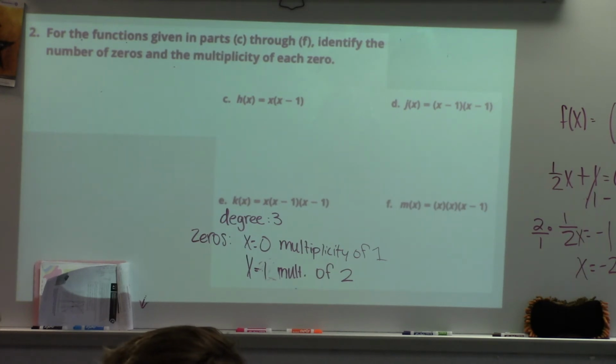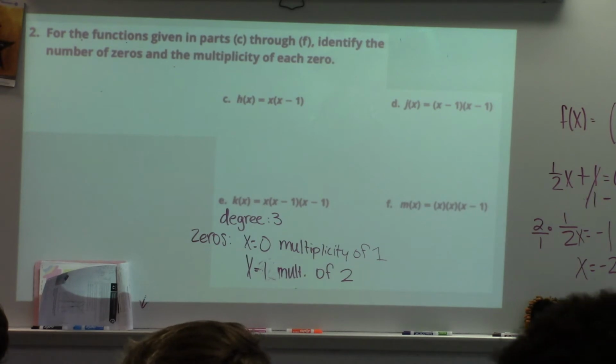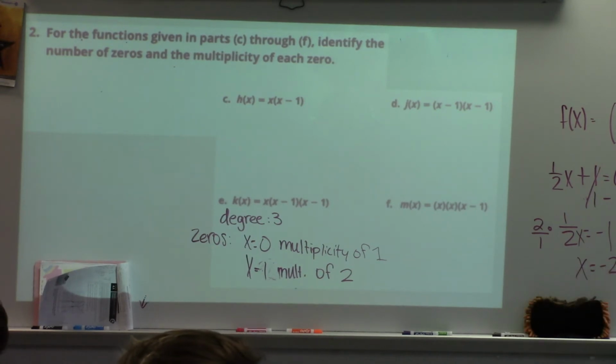This one has 2 zeros. This one has 3 zeros. This one has 1 zero. This one has 0 zeros. So the degree tells us something. This one we multiply: x times x minus 1 times x minus 1.